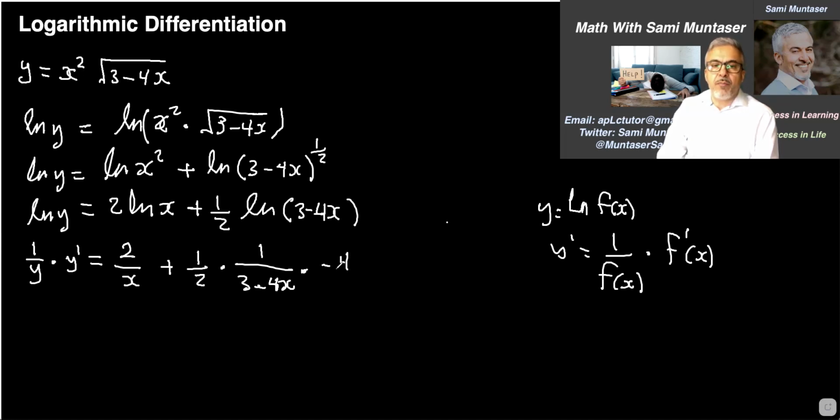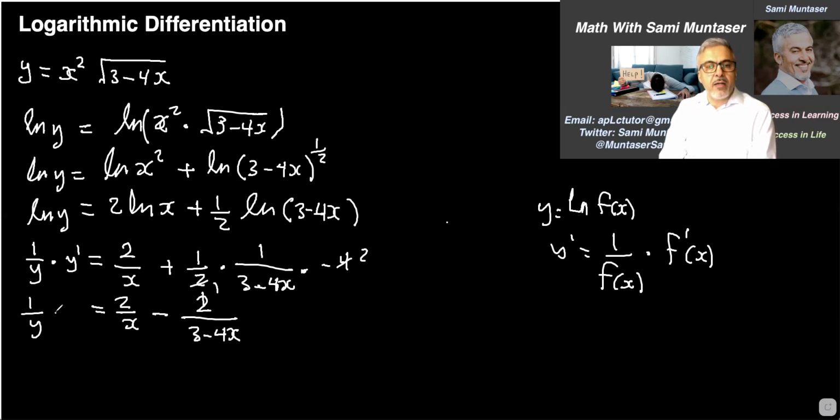Times -4, which in turn will give me 2 over x, that's going to be minus, the minus and plus there, and 4 divided by 2, so this 2 will go to 1, this 4 will give me 2, so you'll end up with 2 over 3 minus 4x, and I still have the 1 over y prime.